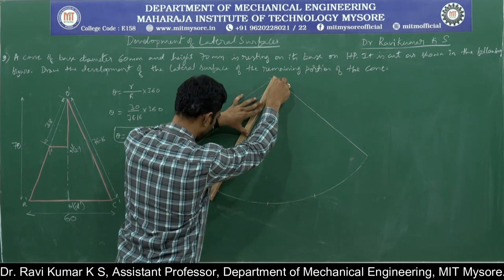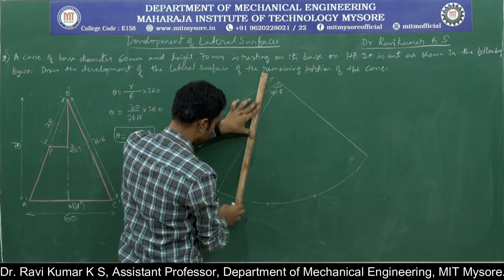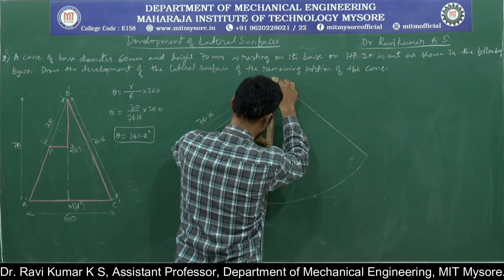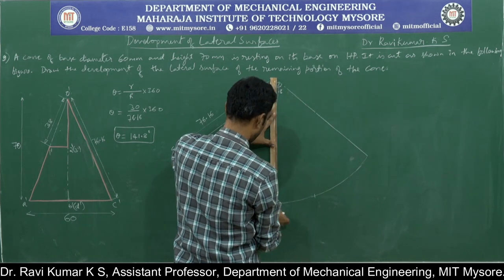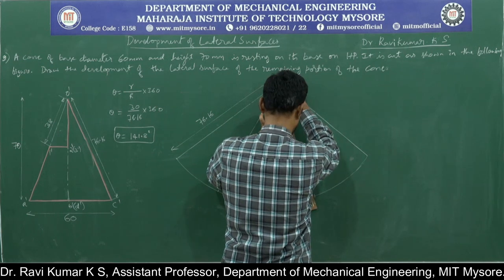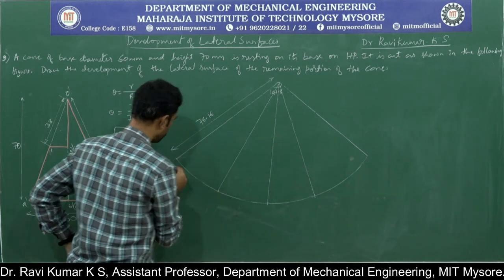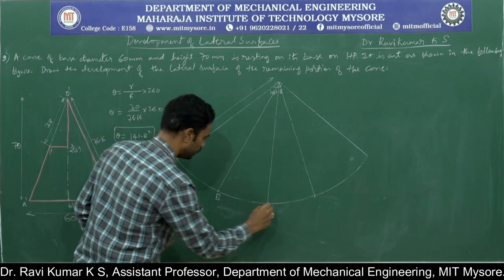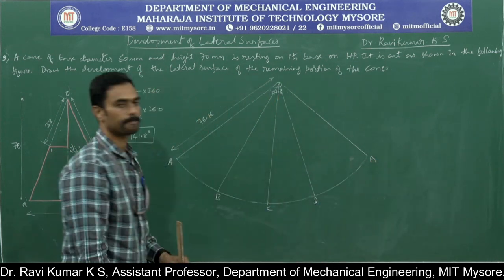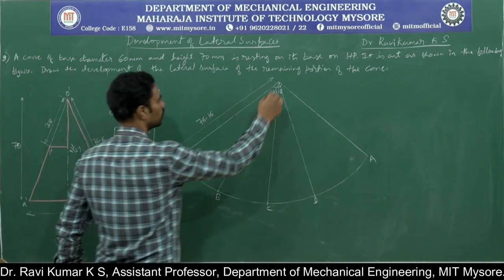So this is the first division, this is the second division, this is the third division, and this is the fourth one. 1, 2, 3, 4. So this is A, B, C, D and A. And this is O.